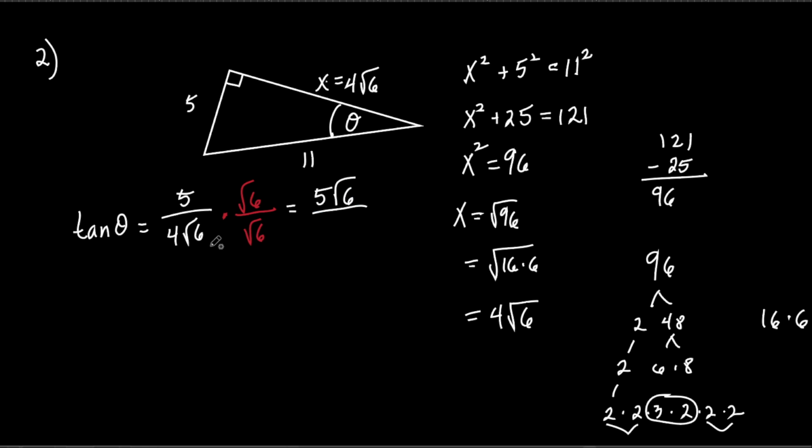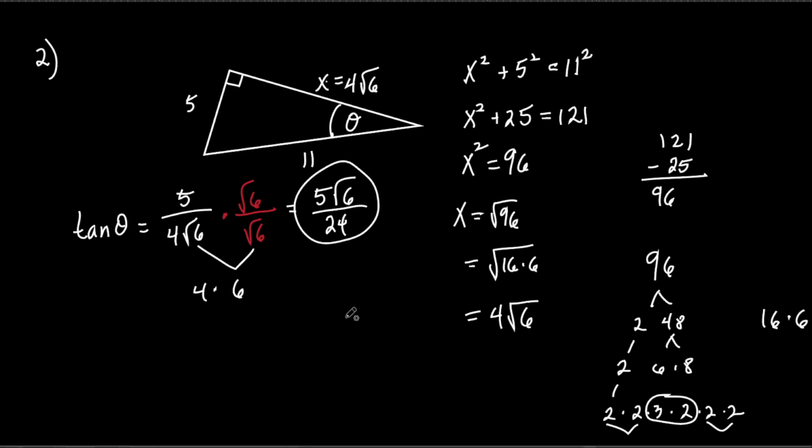On the bottom, what's the square root of 6 times the square root of 6? 6 times 4. We do that in my head. So 4 times 6 is what? 24. So that is how we would write the tangent of that angle. And that's the answer they're going to give you. We good with that? All right, so that's how you do the tangent.